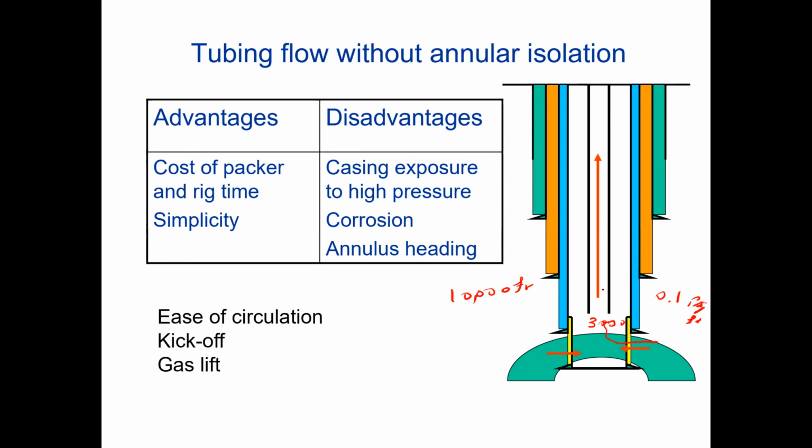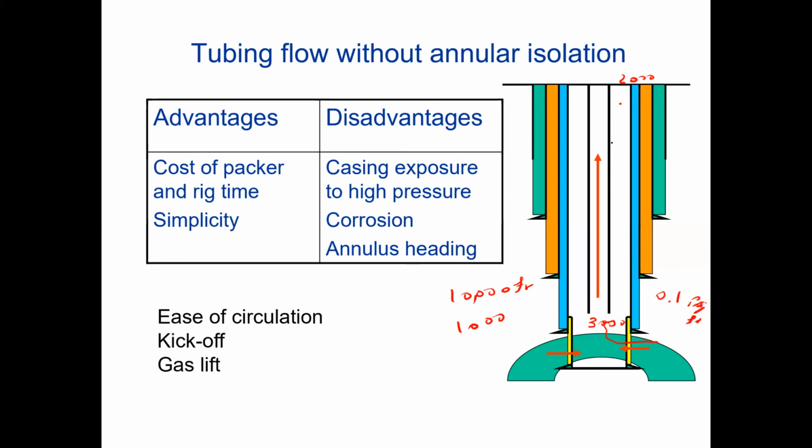So the pressure reduction, if the column is gas, would be 1000 psi. So pressure here would be 2000. It's high pressure.